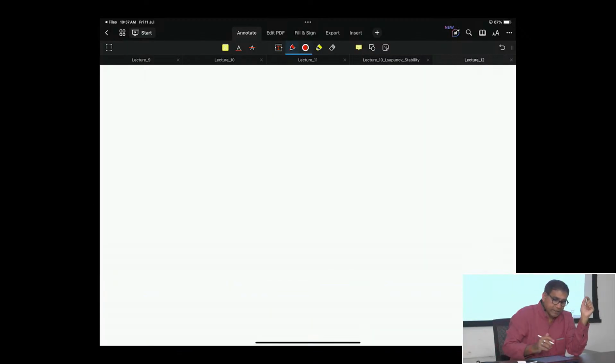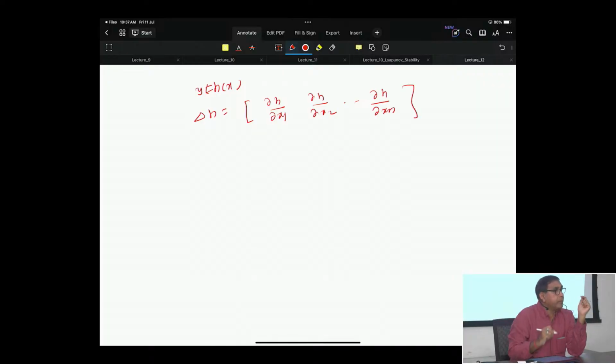y is equal to h(x). This is a scalar, y is a scalar.